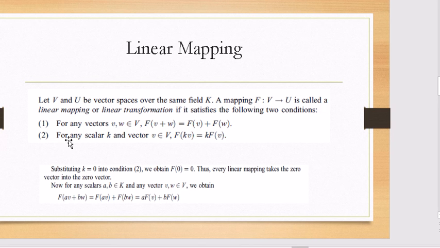The second condition is that for any scalar k and any vector v in V, f of kv is equal to k times f of v. That is, if we first multiply the vector by the scalar and then apply the function, it is the same as applying the function on the vector and then multiplying by the scalar k. So this is the definition of linear mapping.